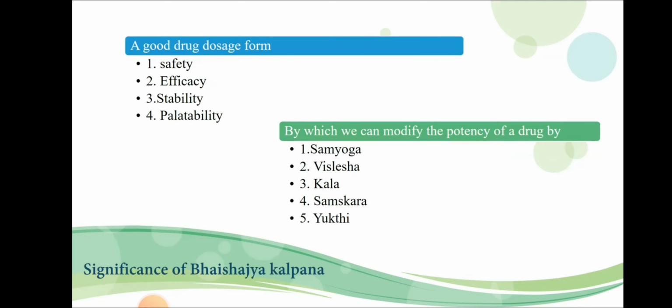Coming to the significance of Bhaishajya Kalpana, Acharya Charaka opines that even a poison is effective when it is used judiciously, whereas inappropriate use of amrita or nectar can be harmful. Yogadapi Visham Tikshnam Uttamam Bheshajam Bhavet, Bheshajam Chapi DurYuktam Tikshnam Sampadyate Visham.